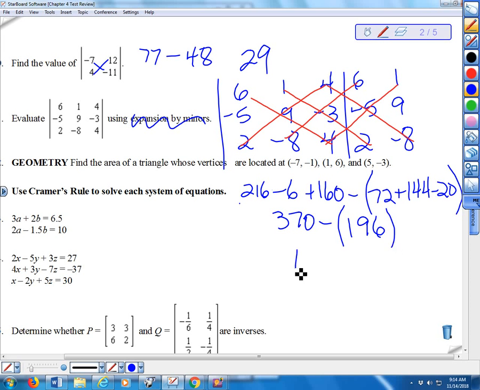174. Okay, everybody take just a quick minute and find the determinant of this with the calculator to check it. So we're going to go second matrix, over to edit, make it a 3 by 3 if it's not already, and then enter your numbers.